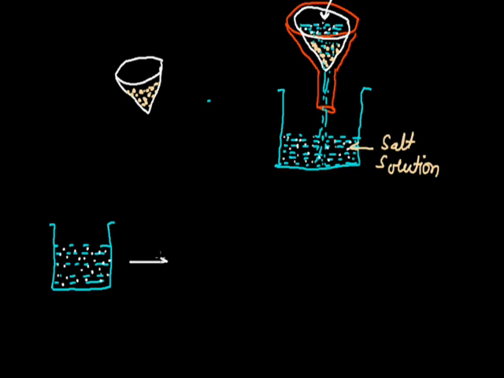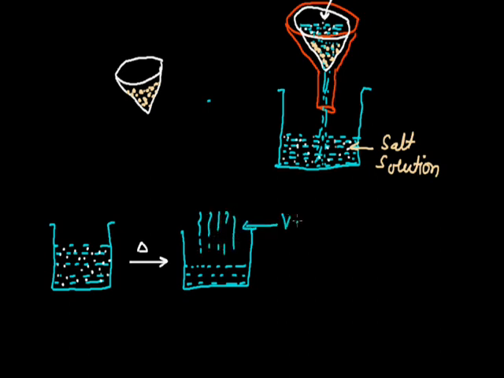Now we heat this solution, and after heating we observe that the water converts into vapor. After some time the level of water becomes lower and the water converts into vapors, just like this. These are the vapors of water, and the solution becomes concentrated, or we can say that the small particles of salt come closer and try to attach with each other.